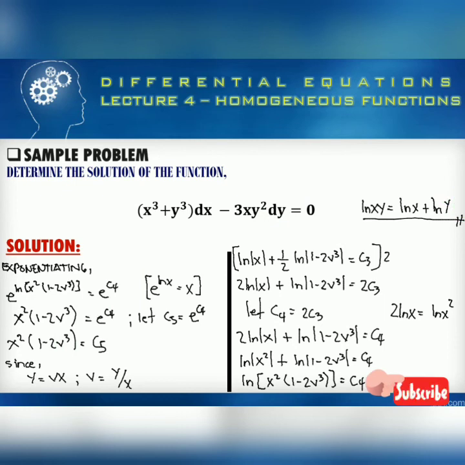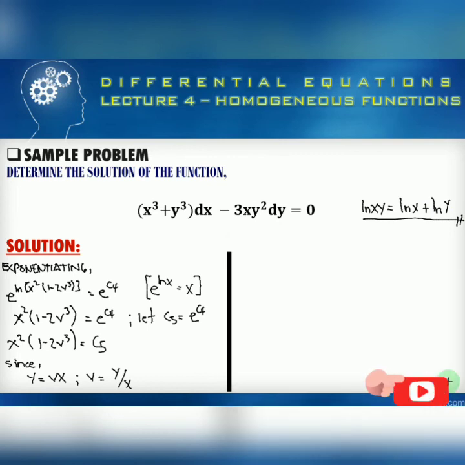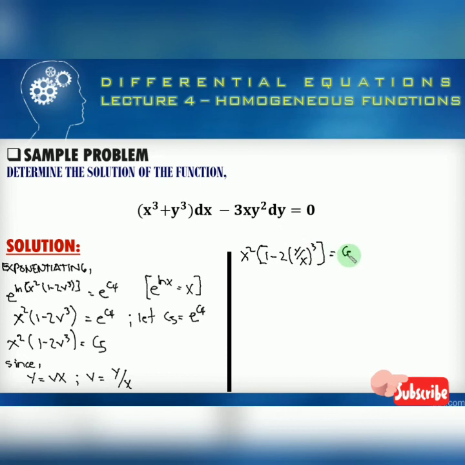Proceeding with this one, we substitute it, so it is equal to x squared times the quantity 1 minus 2b cubed, where b cubed is y over x cubed, equal to C5.